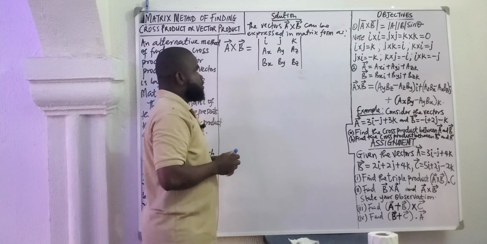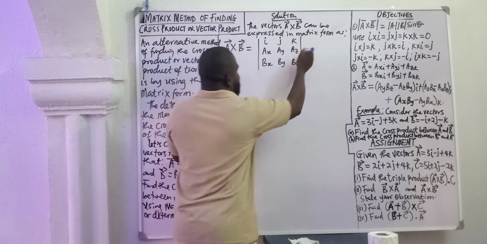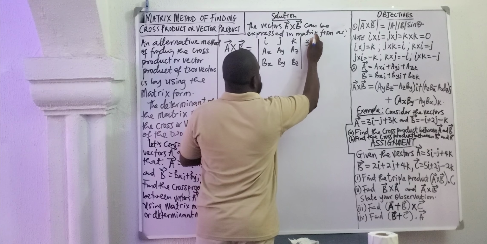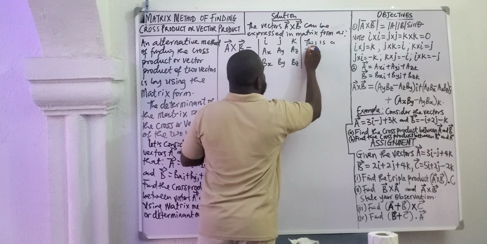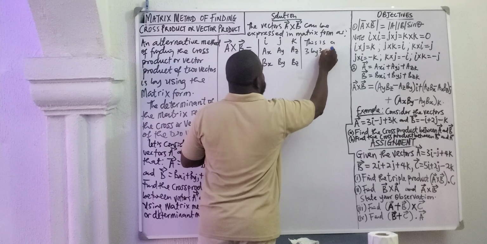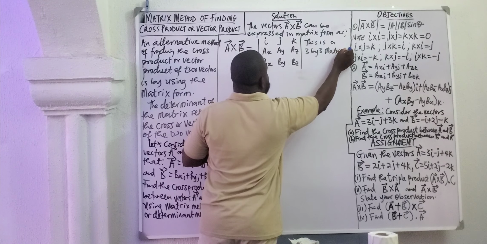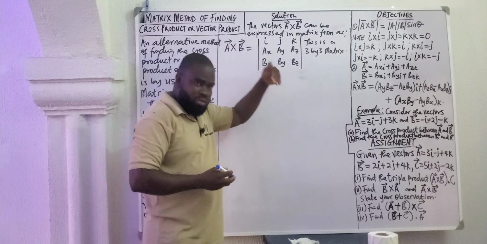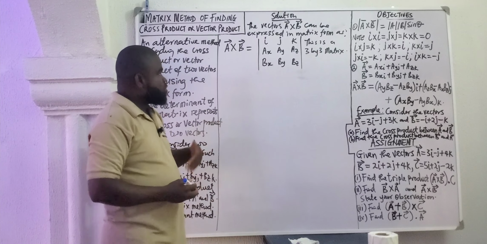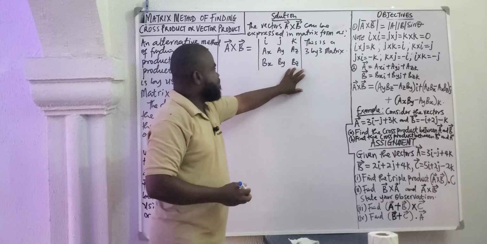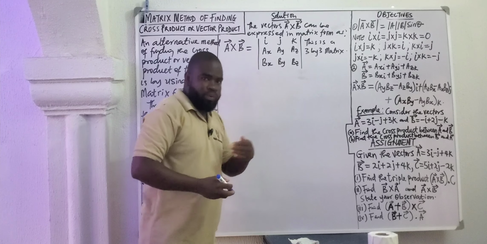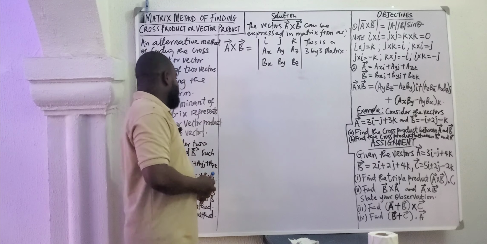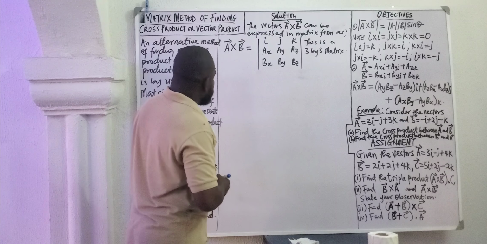Now, this is a 3 by 3 matrix. And to obtain the determinant of this matrix, I'm going to explain some of those steps in matrix method, so you will learn it together with this cross product.